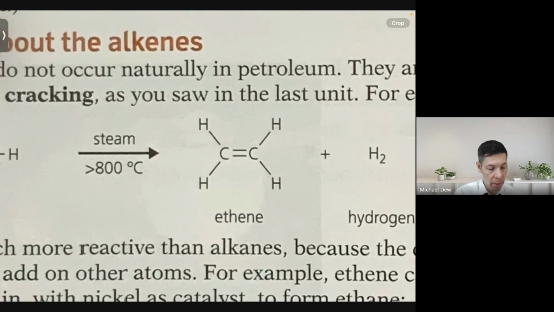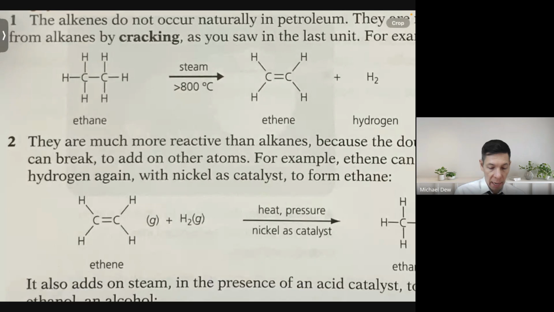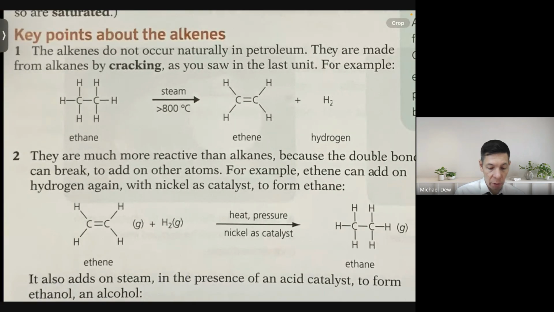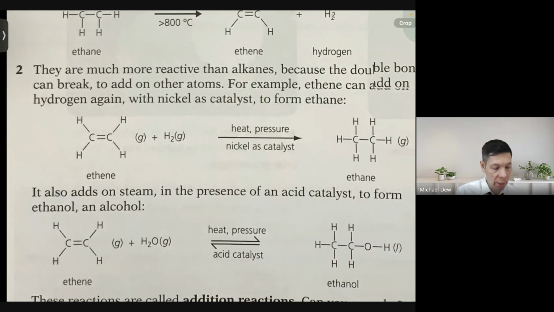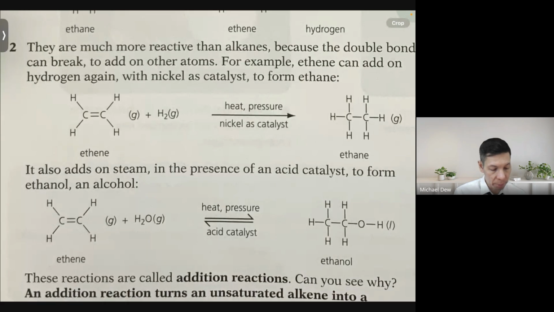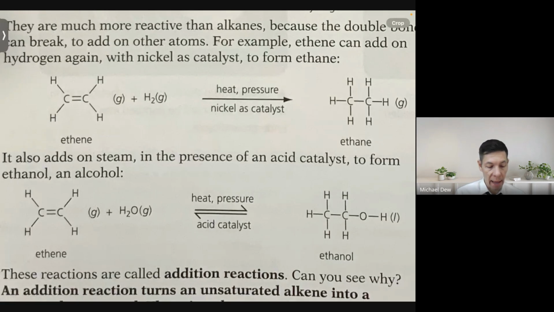That's cracking. And then once you have this ethene, something interesting is you can go back to ethane, or you can use the ethene, add some water, an acid catalyst with heat, and make ethanol. So we can make alcohol from ethene using an acid catalyst. Again, remember, a catalyst is a substance used in a reaction that's not going to be consumed.